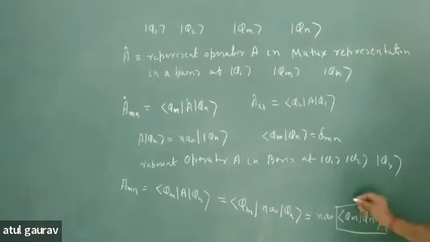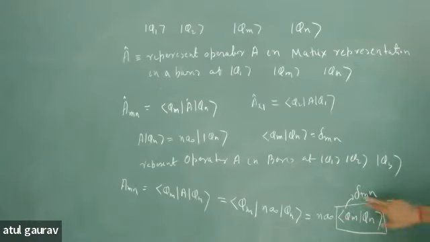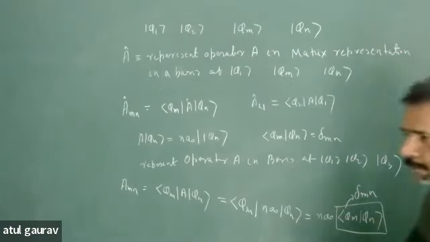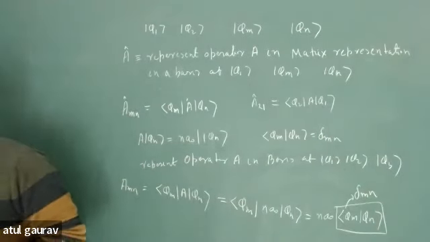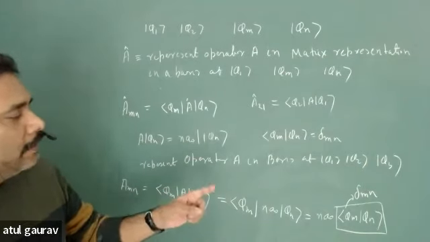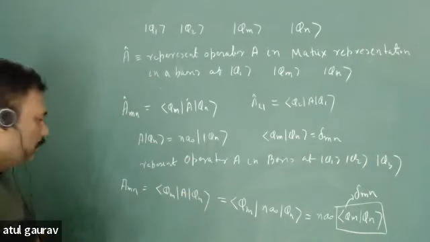This particular thing is delta mn. Now this is very simple. Can you tell me this thing will survive only when m is equal to n, and other terms will be 0? So A11 will survive. That will survive.